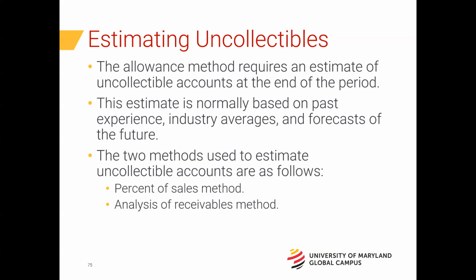I'm going to estimate that I can't collect 3% of that, so I won't be able to collect 30,000. Okay, cool. That's one method. That's percentage of sales. Very easy to compute. The other method, not as easy to compute, is called the analysis of receivables.